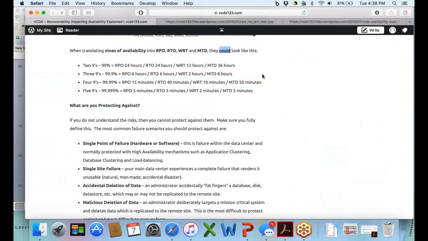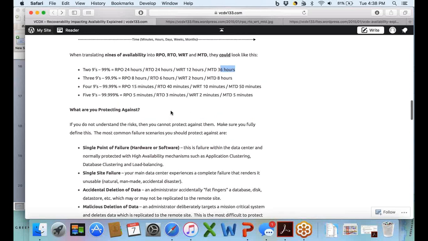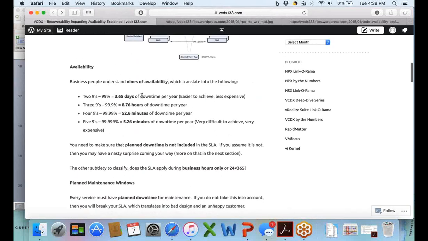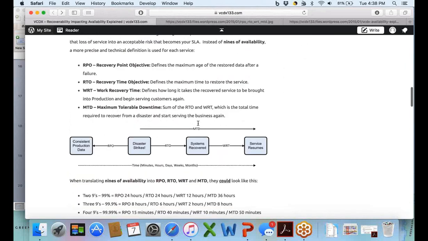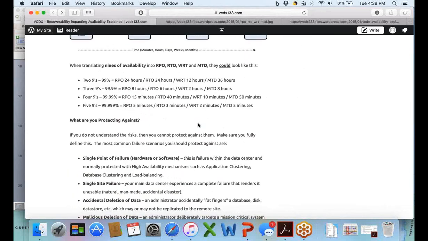This does not mean it has to look exactly like this. So 2 nines, maybe an RPO of 24 hours, an RTO of 24 hours, WRT of 12. That gives you a total of 36. And if we come back up to our SLA definition, 36 hours still falls well within the over 3 days. So that even gives us a safety net built in.